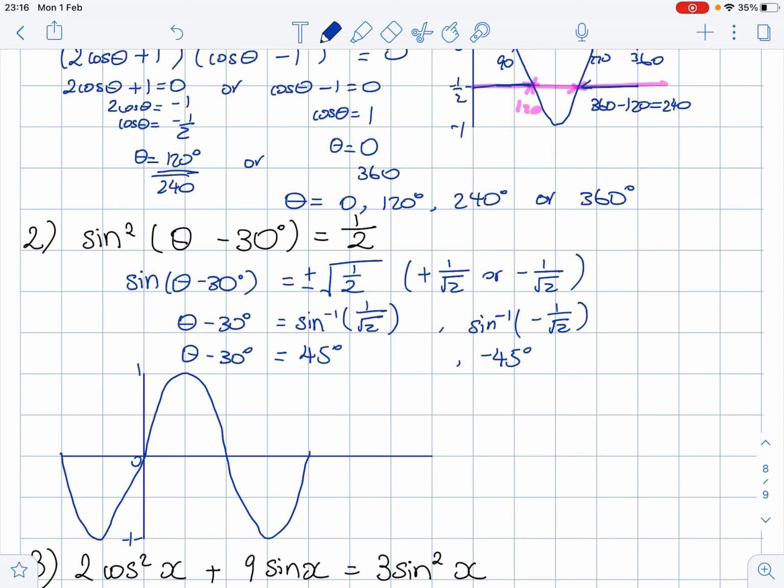So 1 over root 2 is approximately 0.7. So let's say this is when this value here is 0.7. So I have my solutions, which are 45. Then again, it's symmetrical. So this point is 180. So we need to do 180 minus 45, which is 135.